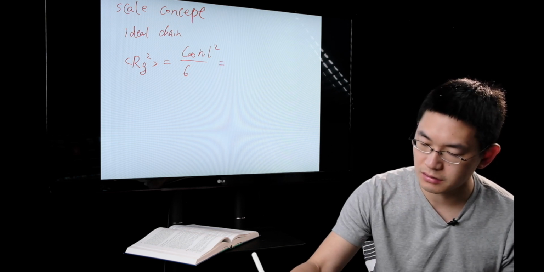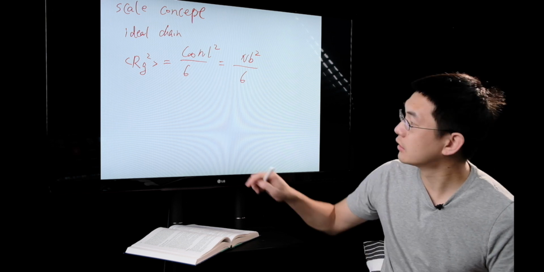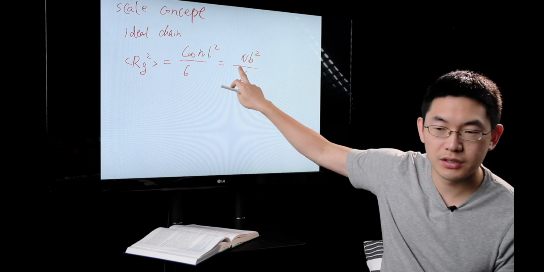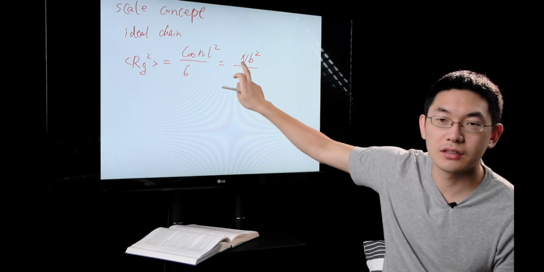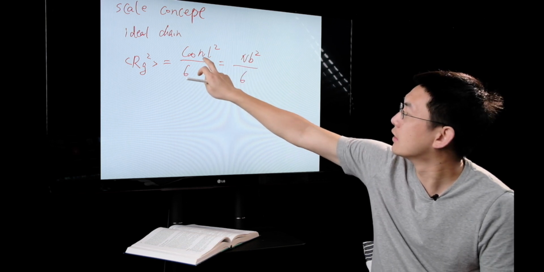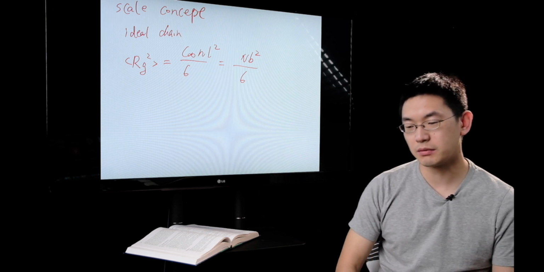Or you can just write it as m b squared. In this case, b is the statistical segment length. This is the repeating unit, and the number of bonds, etc. And by now everybody should be familiar with it.